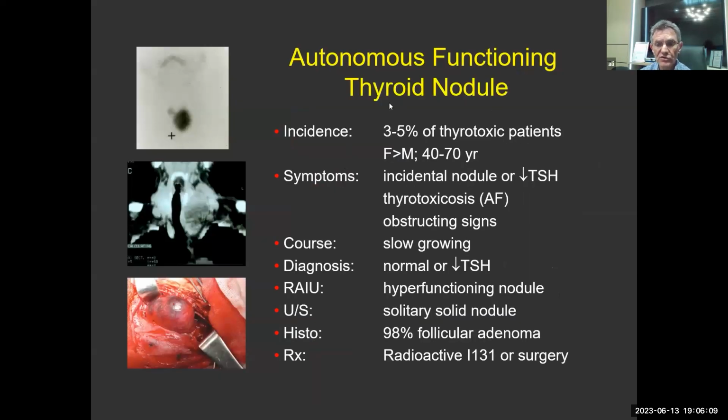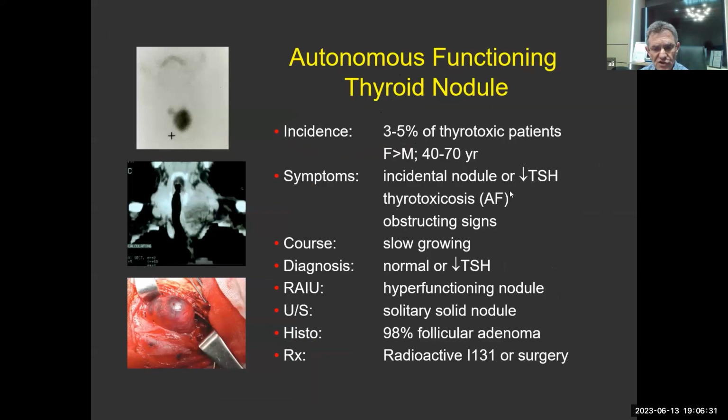Now, the other common cause of having an overactive thyroid, often with just a suppressed TSH, is an autonomous functioning thyroid nodule. So this is very common in elderly people or in private practice, where people have thyroid function tests done, and the only thing you find is a suppressed serum TSH.